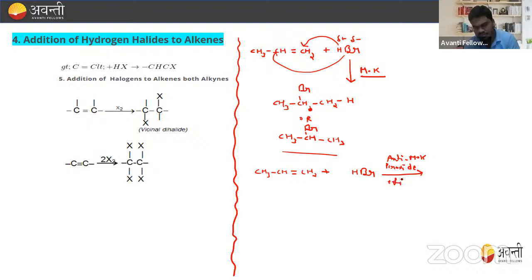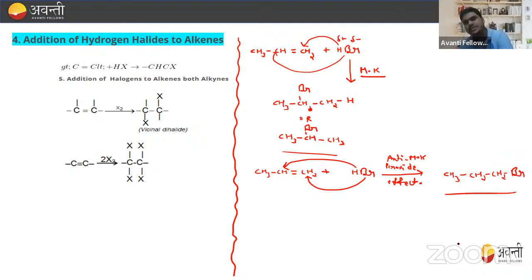Here the negative part goes to the carbon which contains the more number of hydrogen atoms. So the product is CH3-CH2-CH2-Br. So this is 1-bromopropane.